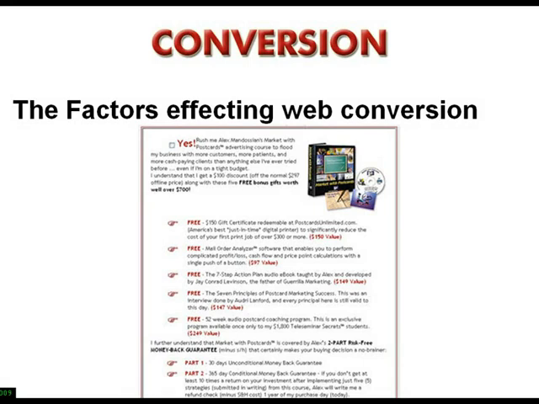And then down below that they take it a step further, and they offer, what is it? They say, I understand that the Marketing with Postcards course is covered by Alex's two-part risk-free money-back guarantee, minus shipping and handling. That certainly makes your buying decision a no-brainer.